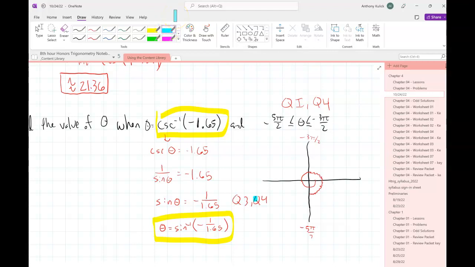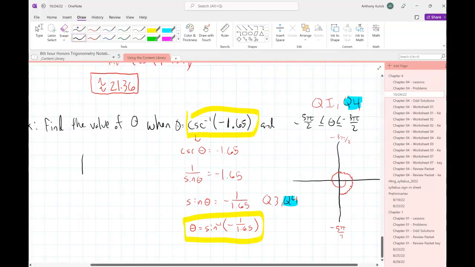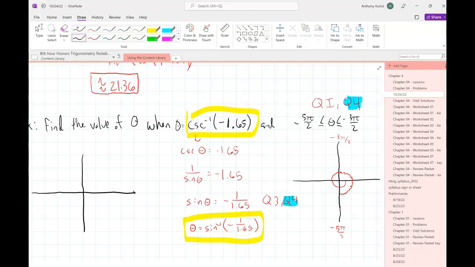So we want quadrant 4. So far, so good? No big deal, right? Okay.